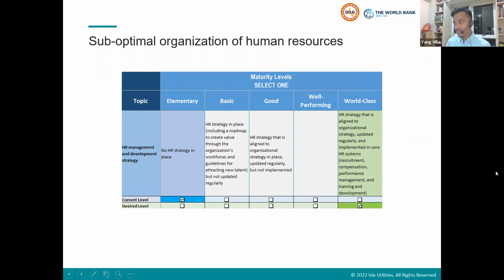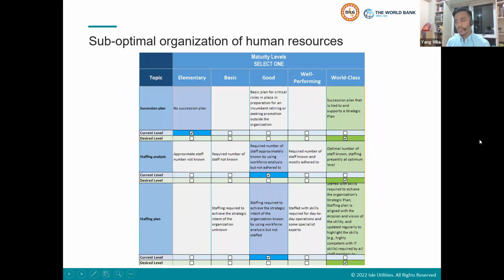We already see this by way of these utilities not having an HR strategy in place that basically aligns the entire workforce with objectives for utility operations. That assumes, of course, that these utilities also do not have strategic objectives or multi-year business plans to guide them for the 5-year time horizon.